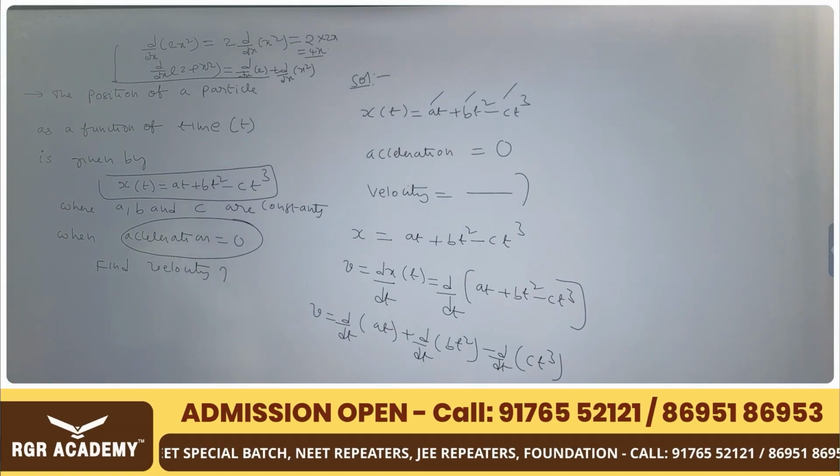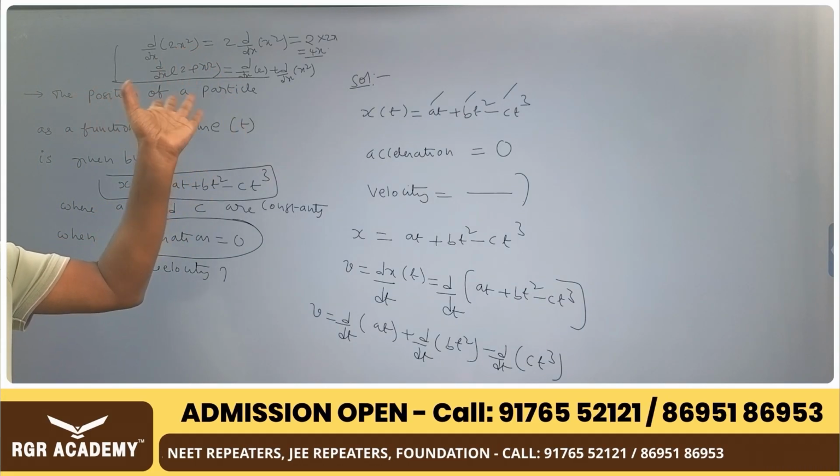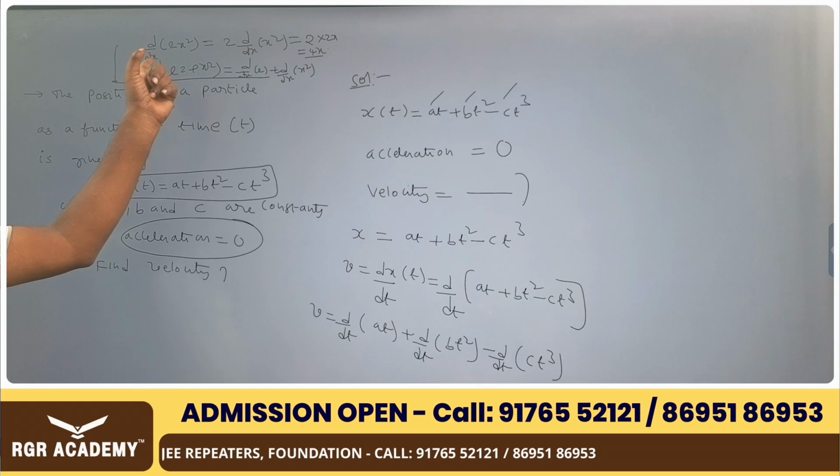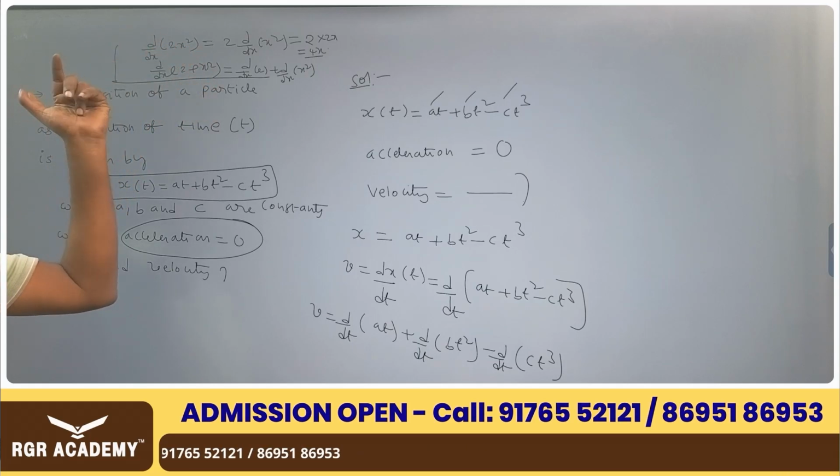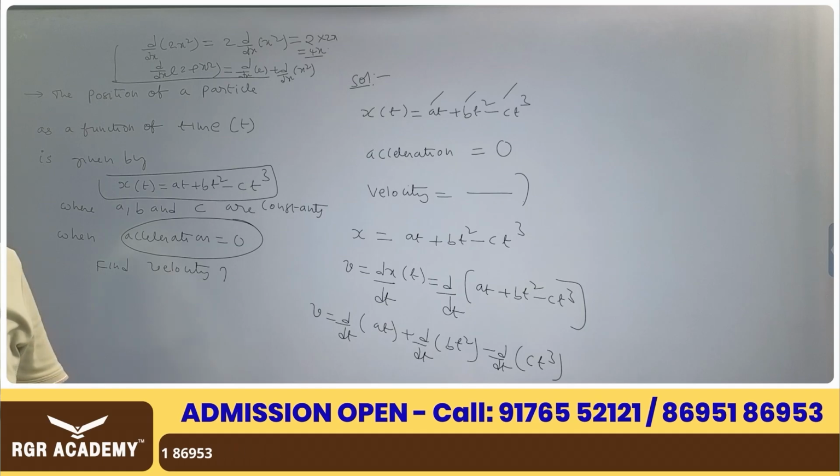If a constant factor is multiplied with a variable, that constant can be taken out. That is the important thing.